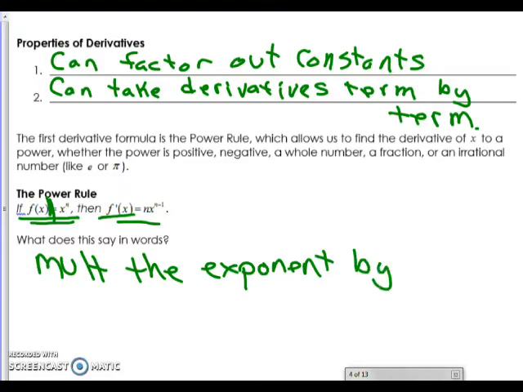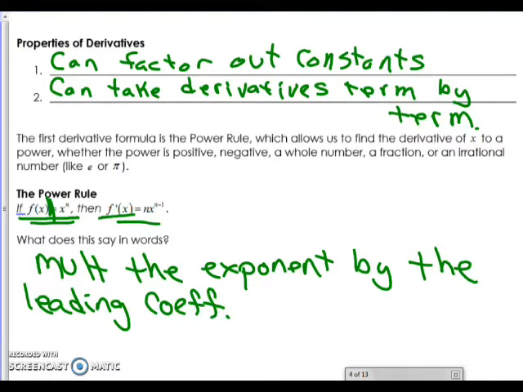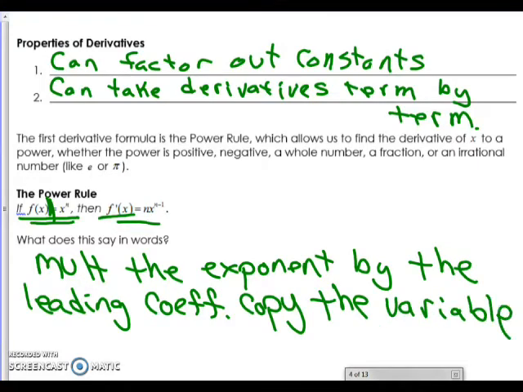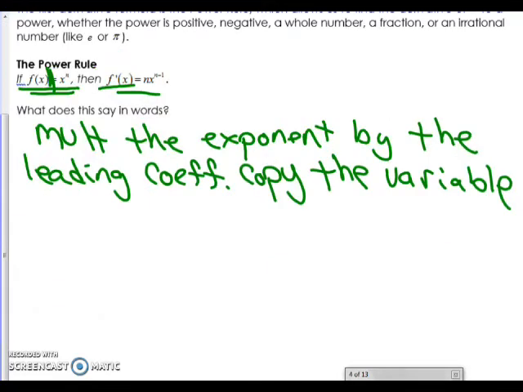Then you're going to copy the variable, and then notice that the exponent went from n to n minus 1, so you reduce the exponent by 1.